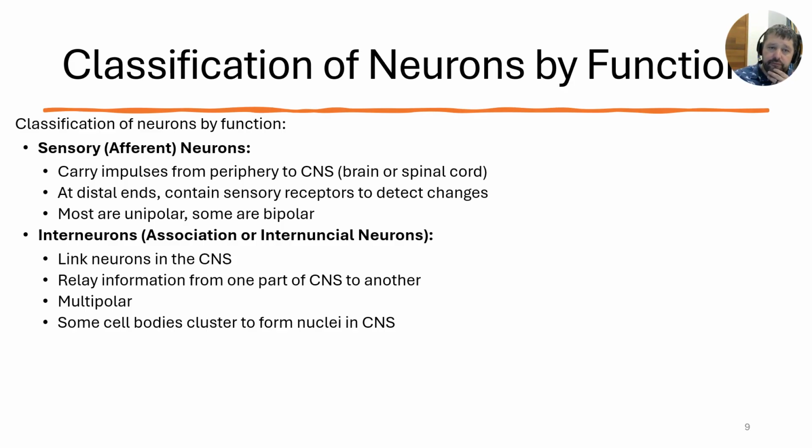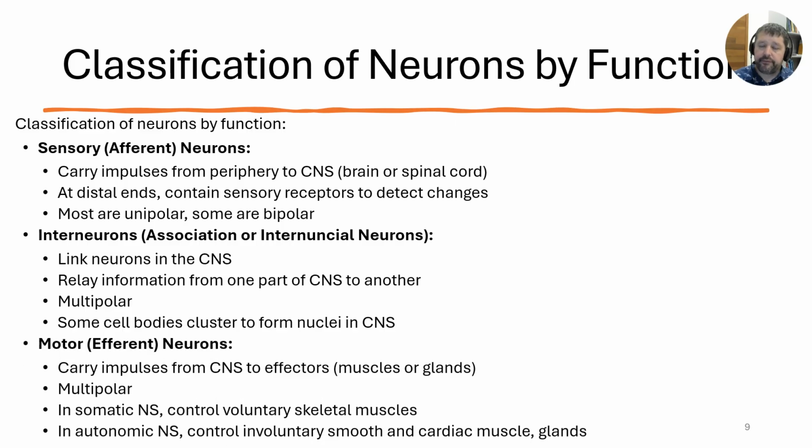So you have afferent moving from the PNS, or the peripheral nervous system, to the central. When the signal gets into the central, you have interneurons that move the signal between different parts of the central nervous system. So from like the spinal cord to the brain back to the spinal cord, within the brain, etc. And then you have motor or efferent neurons that are moving that impulse from the central nervous system back to an effector, a muscle or a gland, or both.